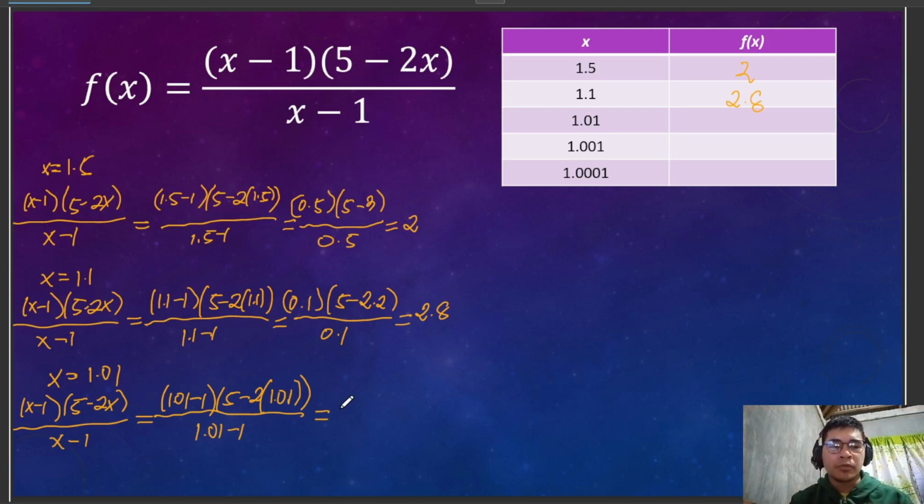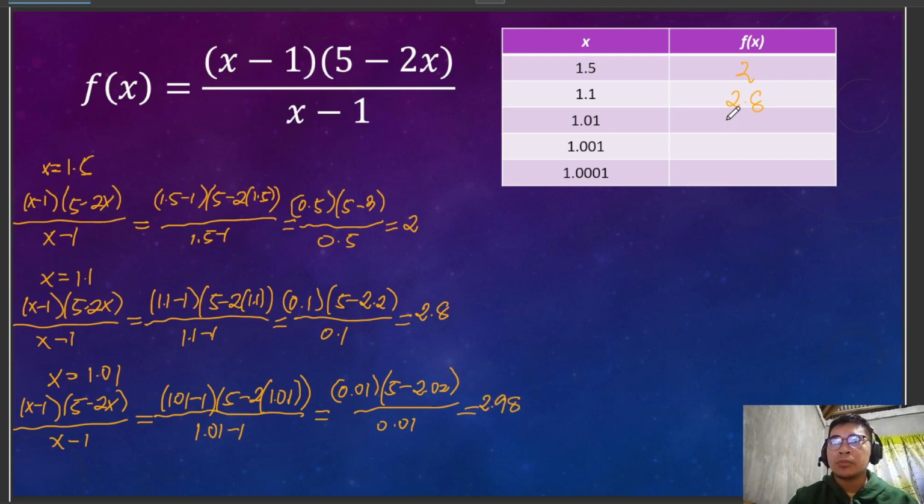So 1.01 minus 1 is equivalent to 0.01, times 5 minus 1.01 times 2, which is equivalent to 2.02, over 0.01. So 5 minus 2.02, the answer is 2.98. So for 1.01, our output is 2.98. So, that is the basic skill in substituting.